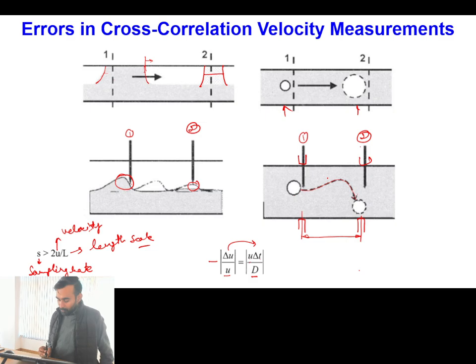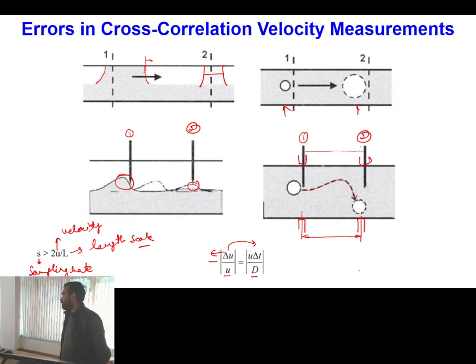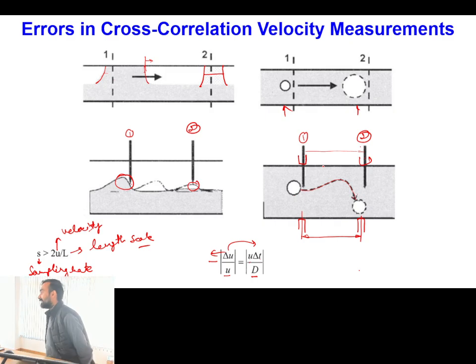Now from here you can see that uncertainty in measurement of velocity will be inversely proportional to the distance between the two probes. It means that if two probes are very close to each other, then measurement of velocity will be correct.